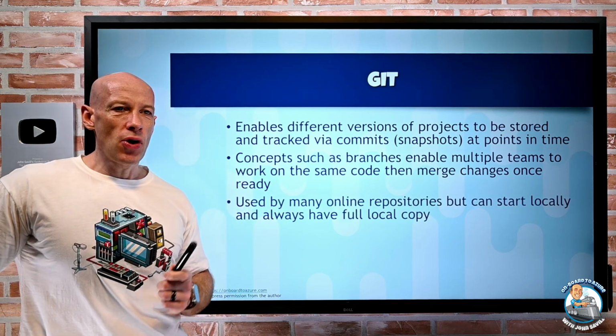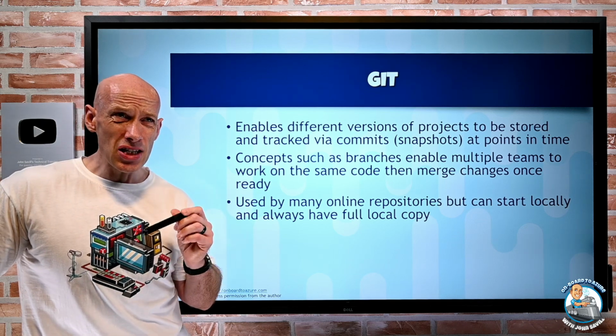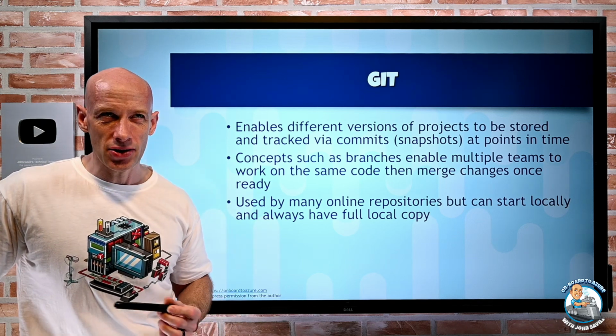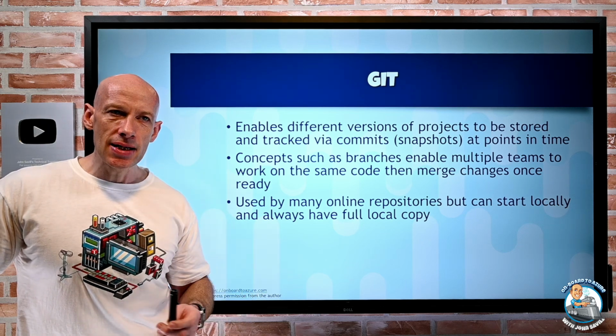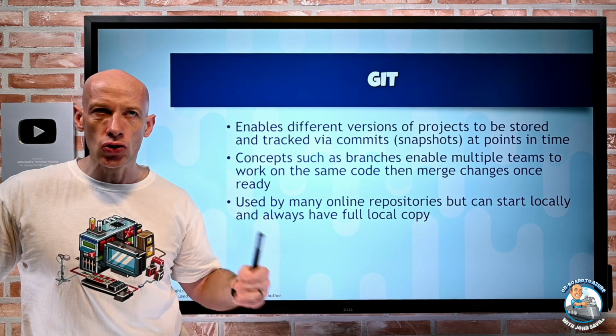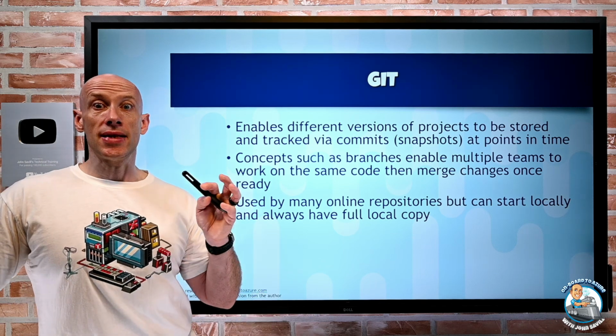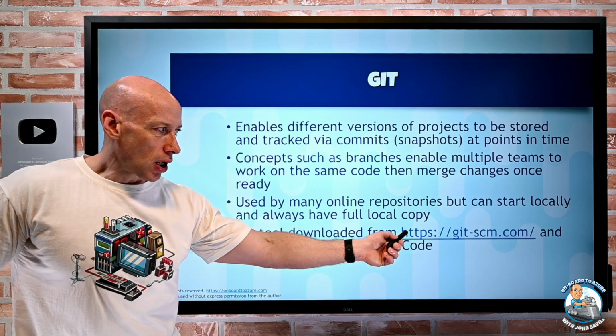Many online repositories today are Git-based. They just are. So Git is not particularly a product as such. There are Git tools, but it's a certain standard around how it does its version control, how it stores them, how it creates commits and checkpoints and views in time. So I can go and download the client tool.